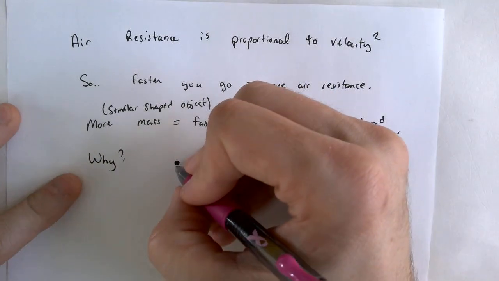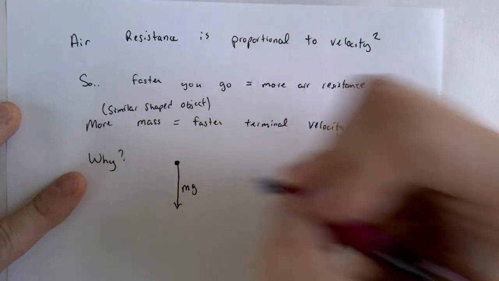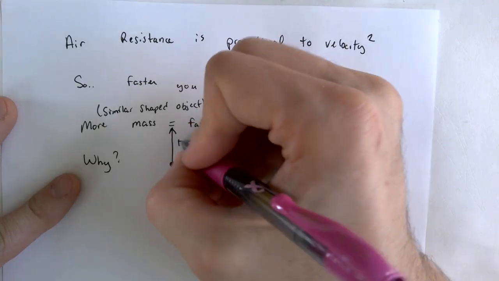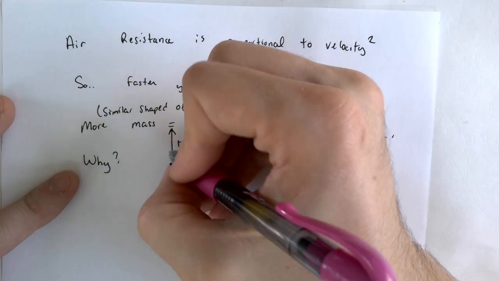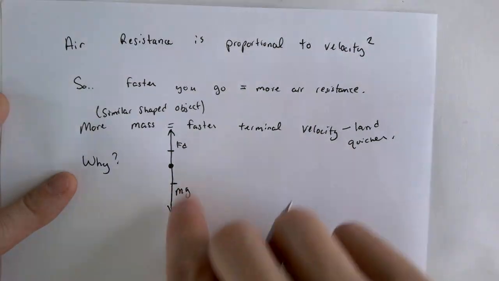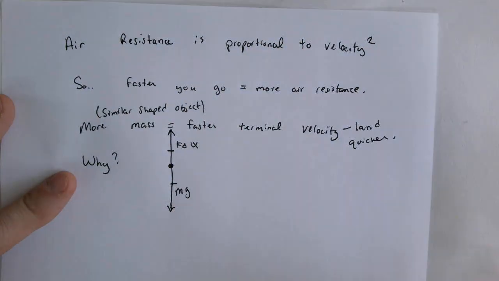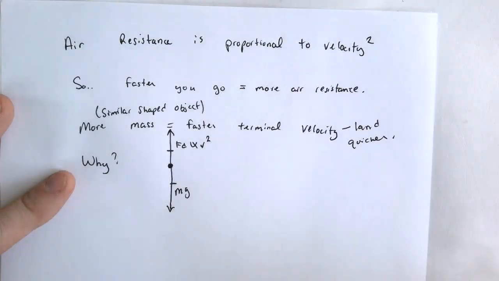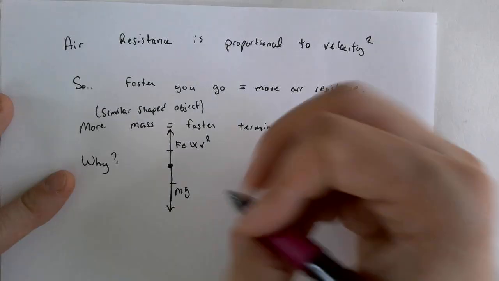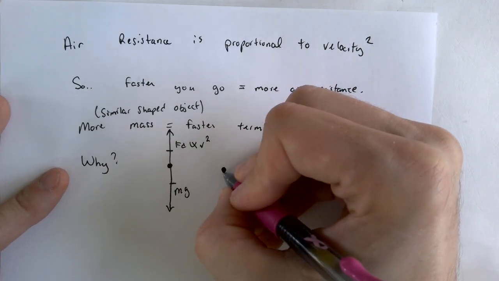And the important feature to why that is, let's say I have a very big mg here. So this is my bowling ball. And then we have force drag. In order for this to reach terminal velocity, these would be equal. And in order for those to be equal, the force drag, because it's proportional, that's what this symbol means, to velocity squared, I will be able to be going faster than if I have a smaller object, like a basketball, that doesn't weigh as much.